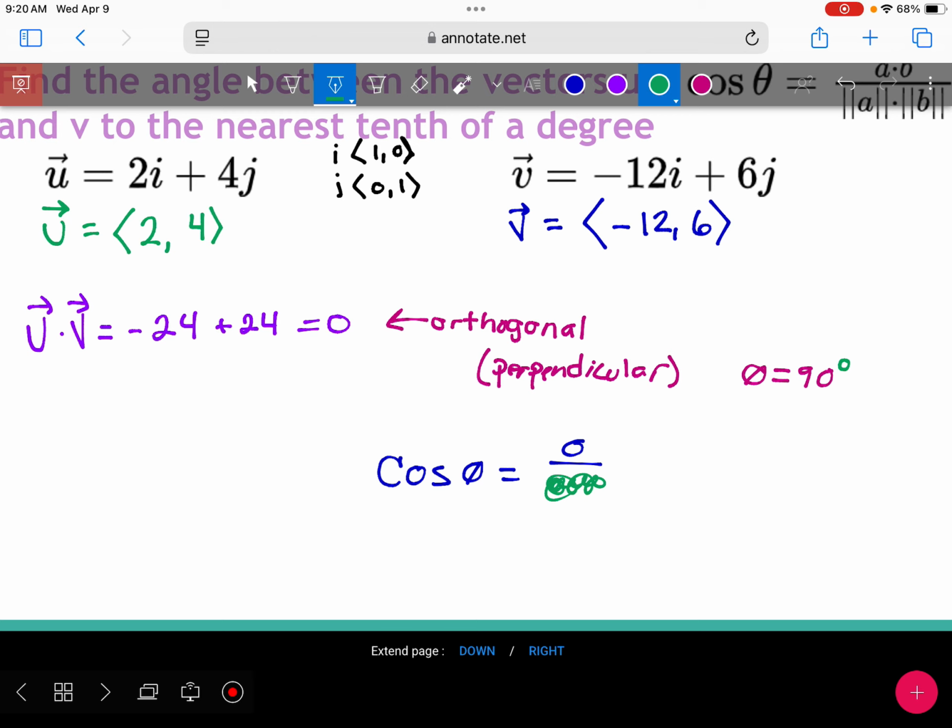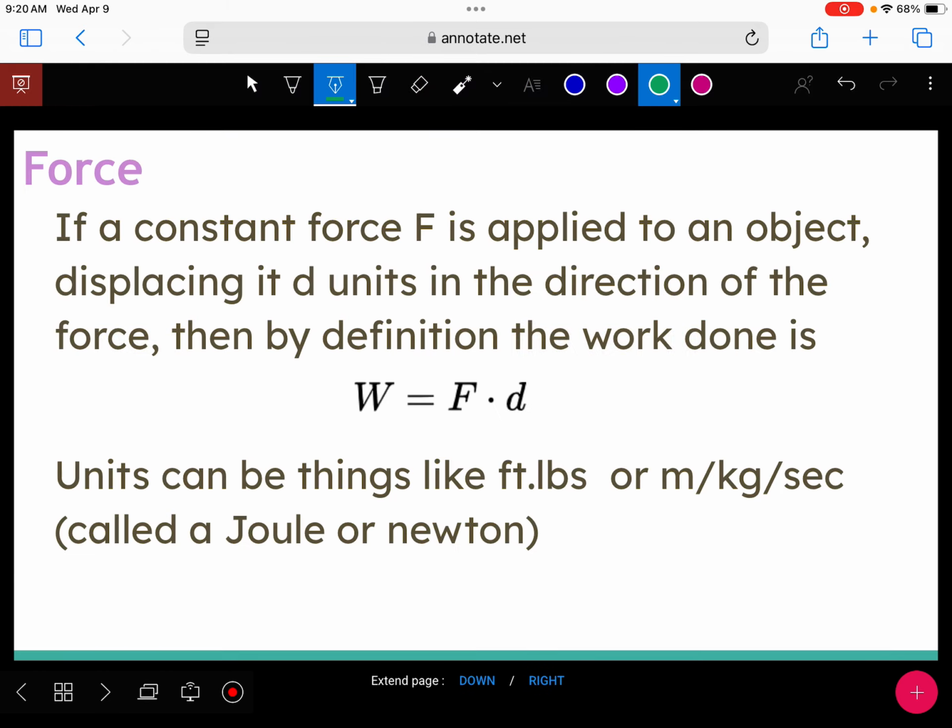Are we done? No. No more story problems, right? Story problems? Why? Because this comes from a physics thing.